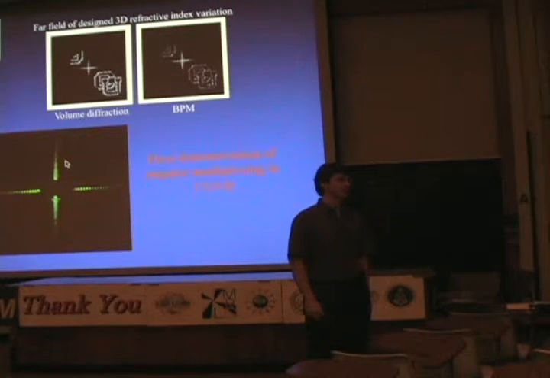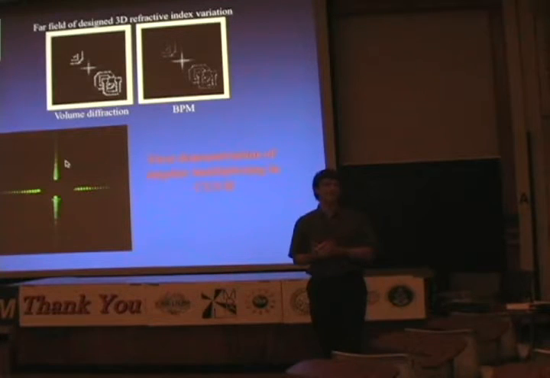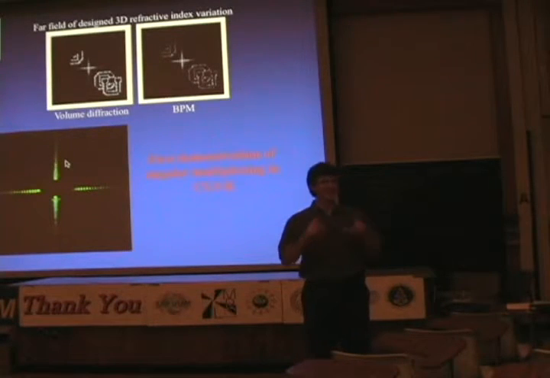Yes. Now, I didn't talk about the computation. That cube I showed is 64 by 64. So it takes a long time to calculate. But we expect that computers are going to become better. When Lohmann made the first computer-generated holograms, they were calculated by hand, essentially, and drawn by hand, and then photoresist.